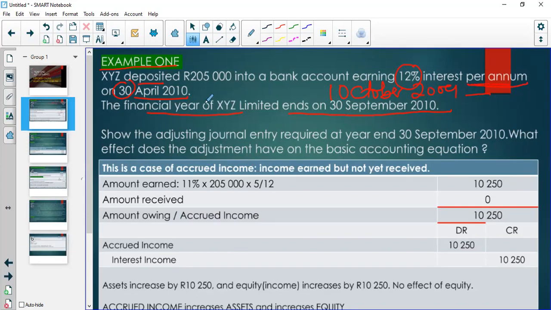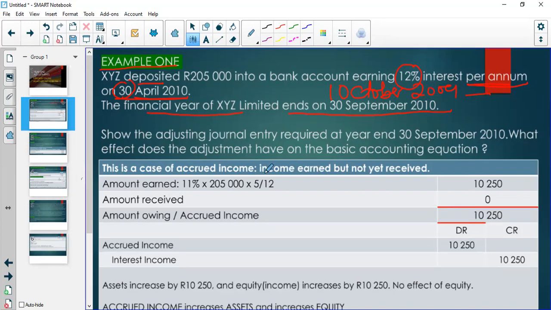However, for the current financial year, we deposited on the 30th of April, so we did not become entitled to any interest for the month of April. However, for the months of May, June, July, August, and September, which is 5 months, we earned interest. Not that we received, but we earned interest.